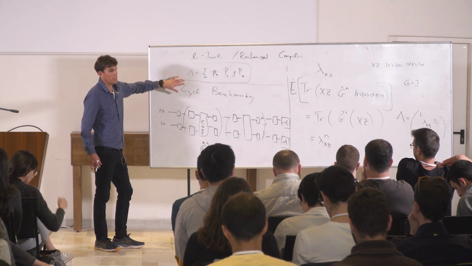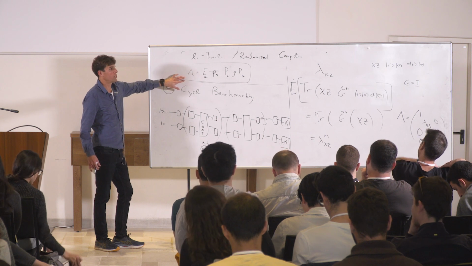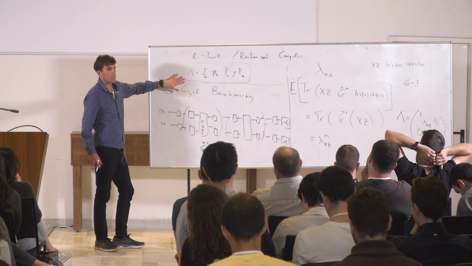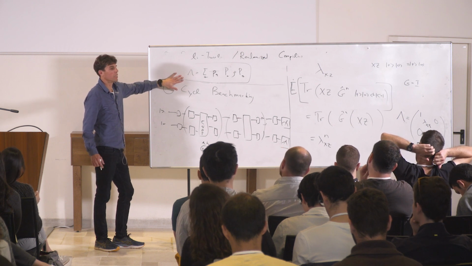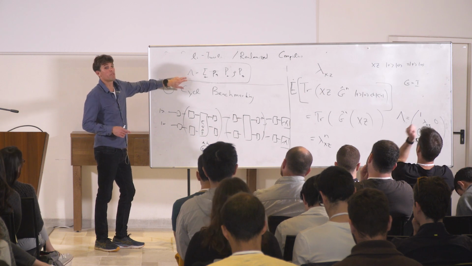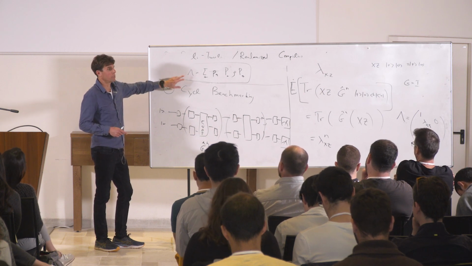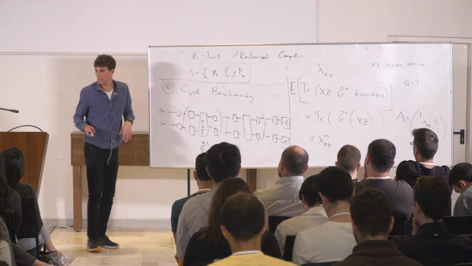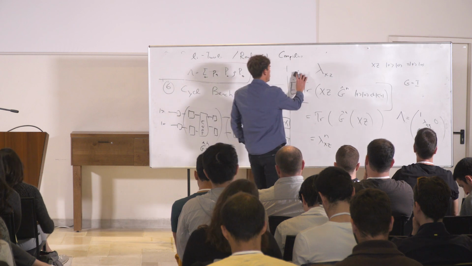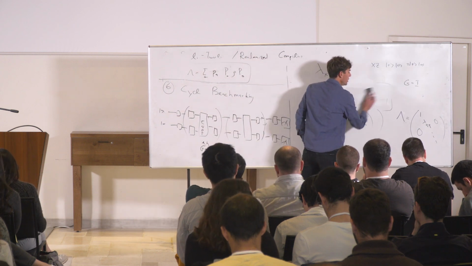But the inverse of this channel is not a physical operation, so I could instead sample over circuits which look as if I've applied the inverse of this channel. This is called, in the literature, probabilistic error cancellation. So if you want to search for this, you can see exactly what it is.